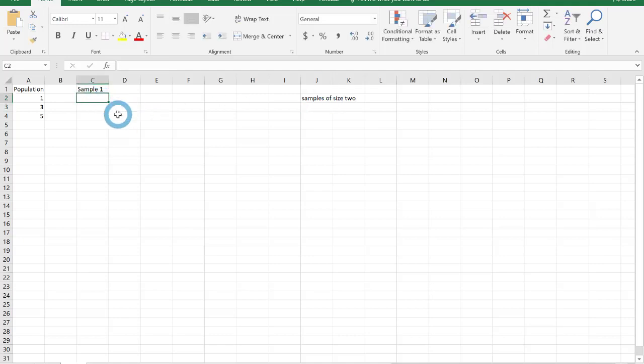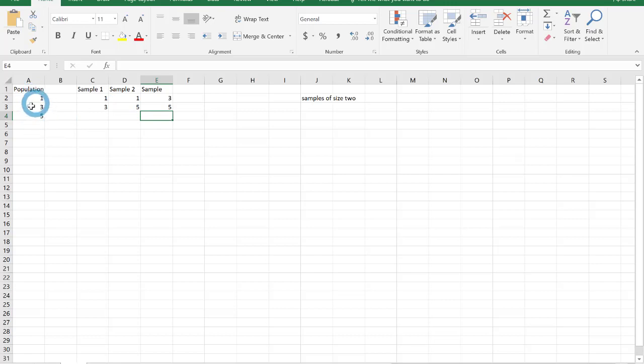Well, if I wanted to grab two of these numbers, the first possibility could be 1 and 3. What are the other ones? So the second sample would be 1 and 5, right? And what is the third sample? Right, 3 and 5. So essentially I'm just taking sample sizes of 2 from a population of 3 elements, which are 1, 3, and 5.